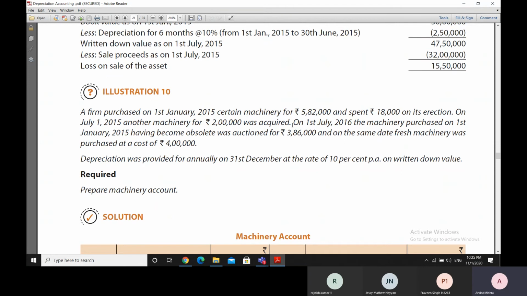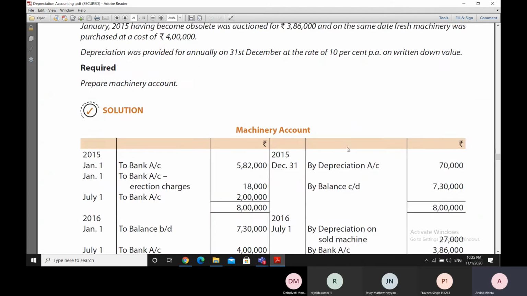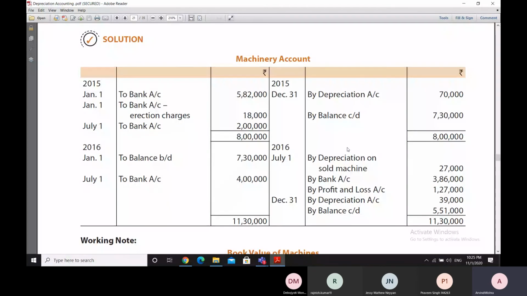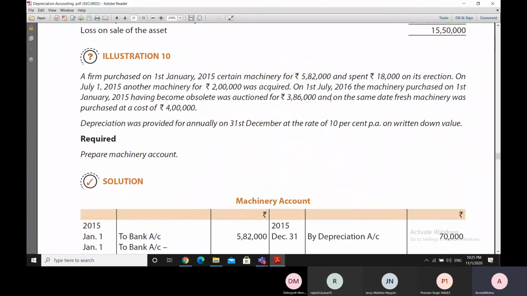So since it was auctioned on 1st July itself, it means that half year depreciation would be given on this.